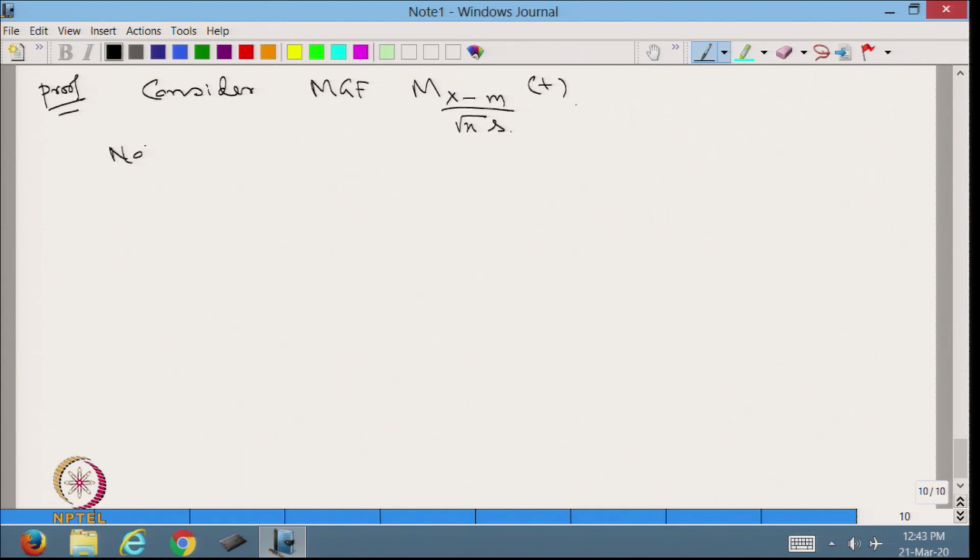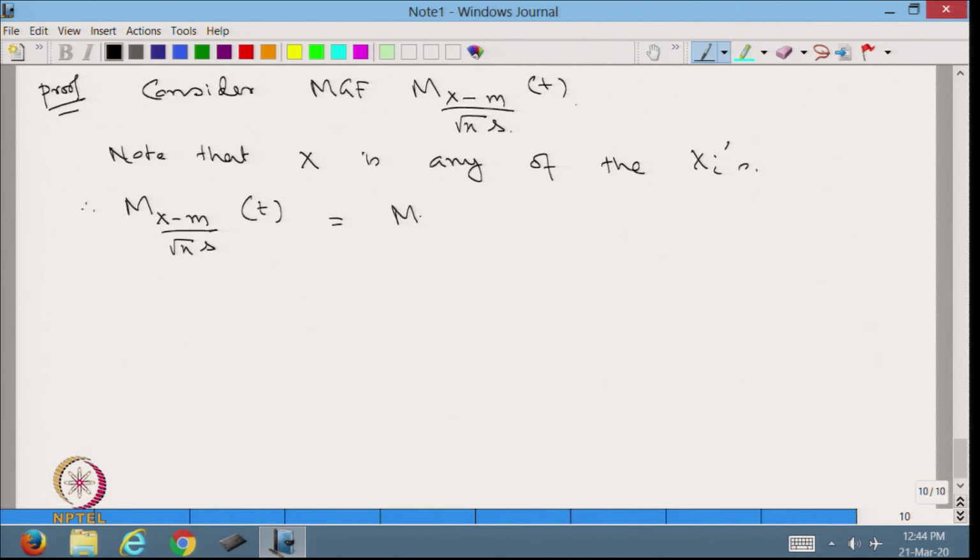Note that X is any of these Xi's. Therefore, the MGF of (X minus m) upon root n s at t is equal to the moment generating function of X minus m at the point t upon root n s.